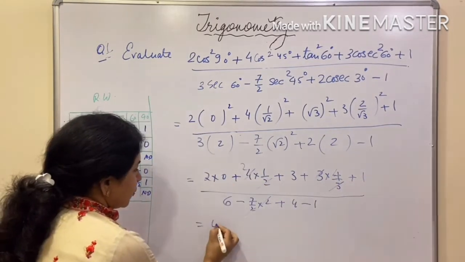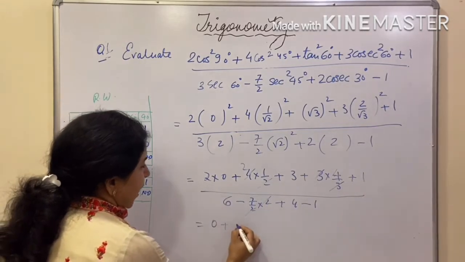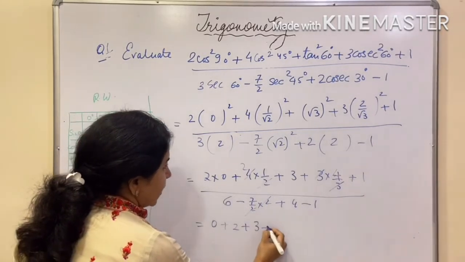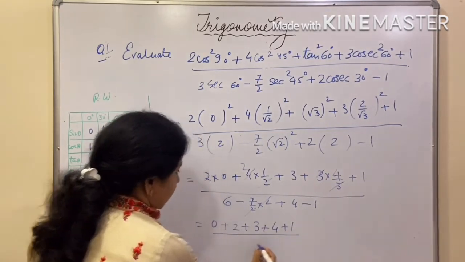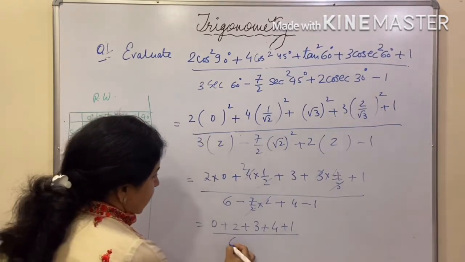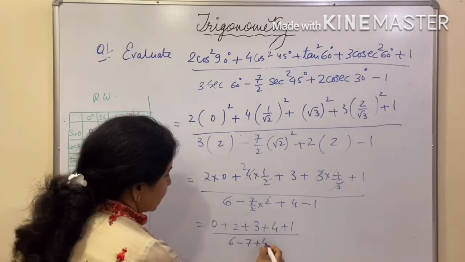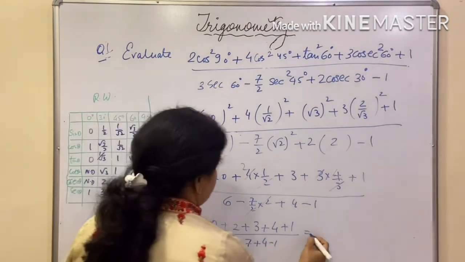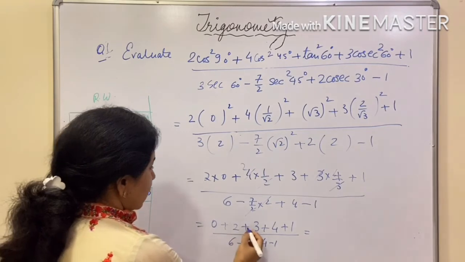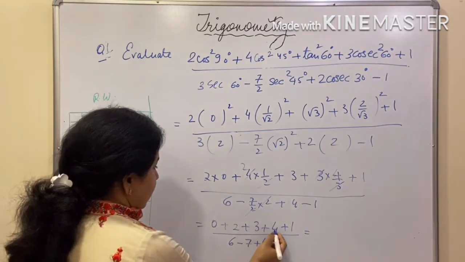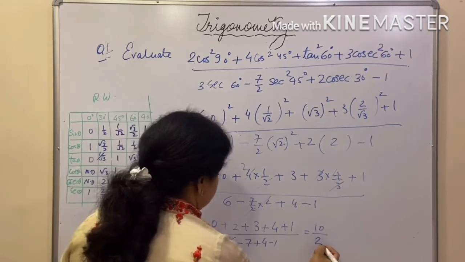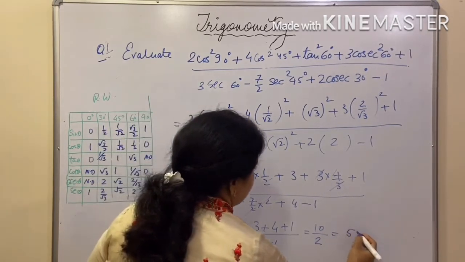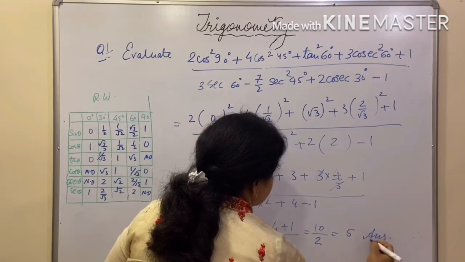So 2 into 0 is 0 plus 2 plus 4 plus 4 plus 1 upon 6 minus 7 plus 4 minus 1. So the numerator is 10 and the denominator is 2. So this is equal to 5, which is the answer.